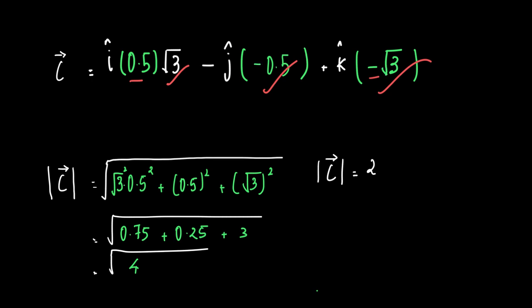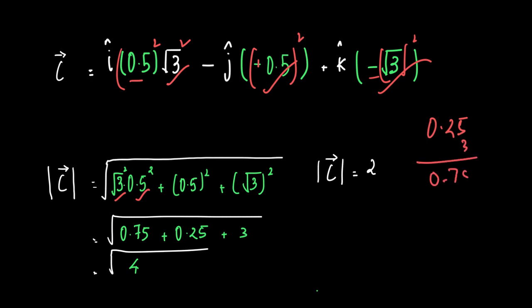So what is magnitude of C? It will be root of the square plus the square plus the square. Root 3 square is 3. 0.5 square is 0.25, so 0.25 times 3 is 0.75. 0.5 square is 0.25.